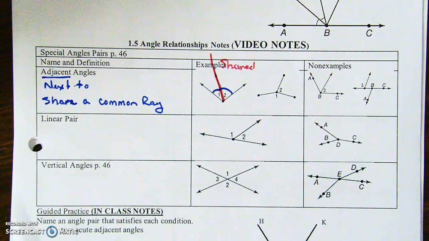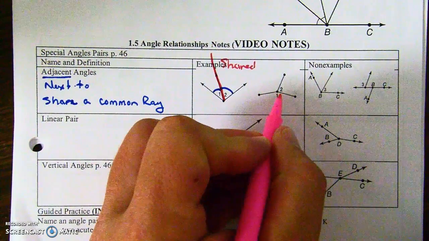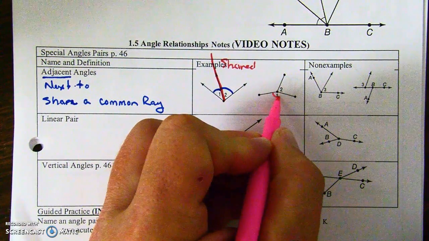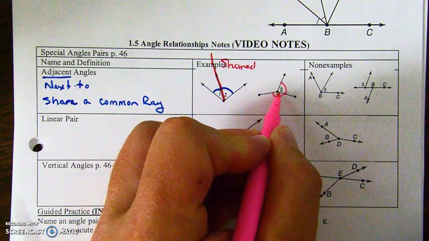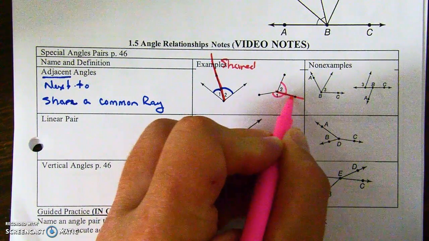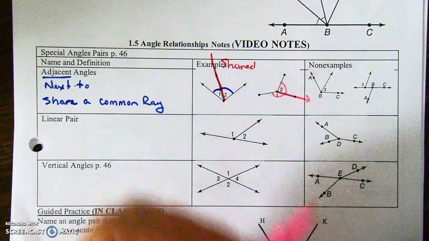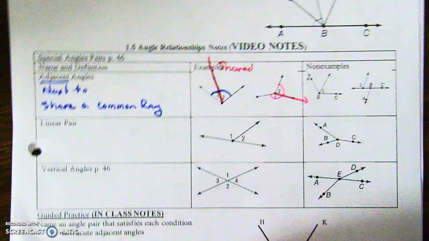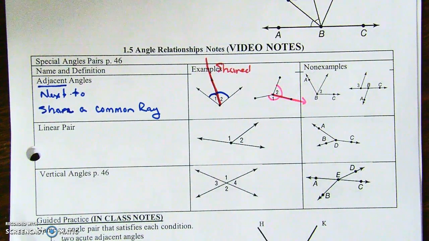Now, in this next example, it does show that we can have several different types of adjacent angles here. We have ones that are identified specifically here. If we're just talking specifically about angle 1 and angle 2, this is a ray that is in between them. So that means that angle 1 and angle 2 are considered to be adjacent to each other.